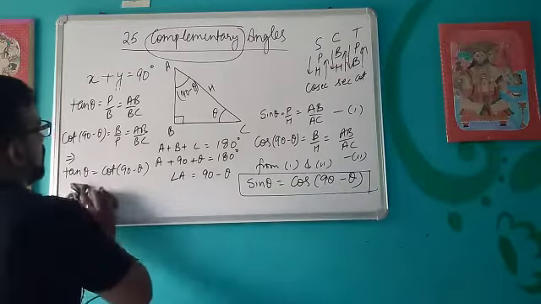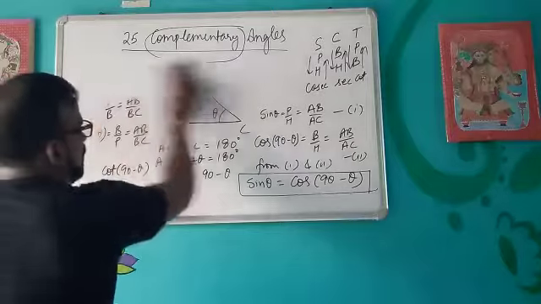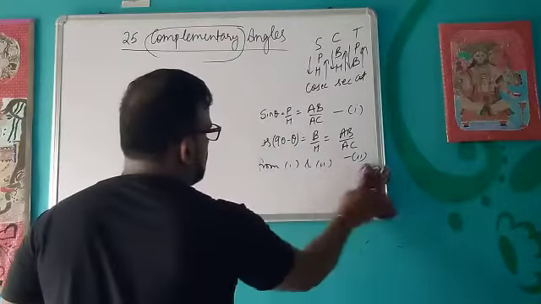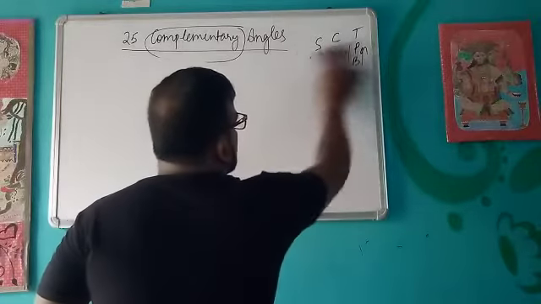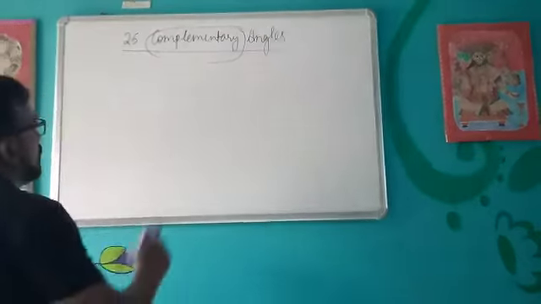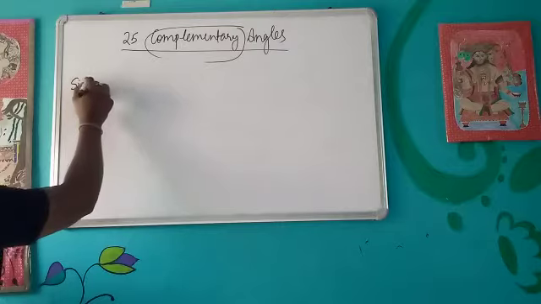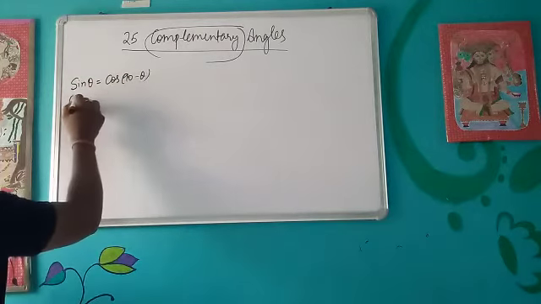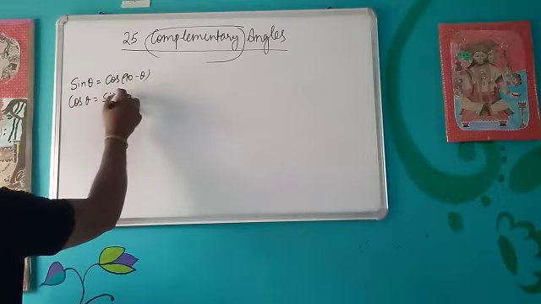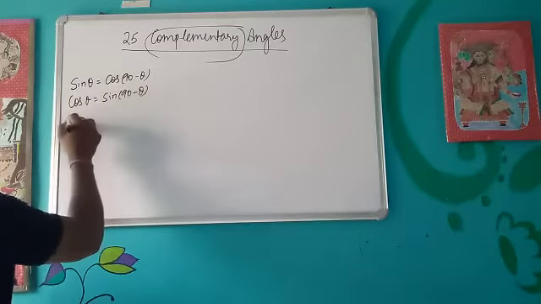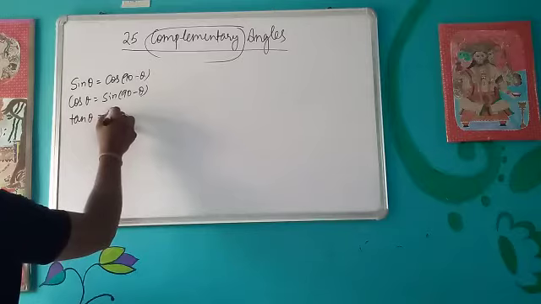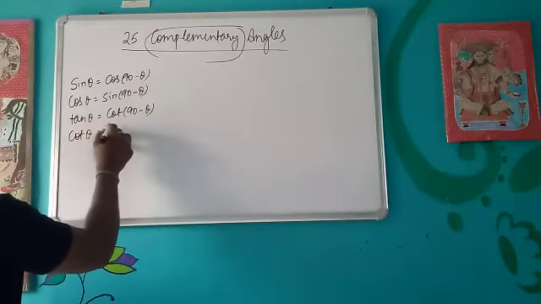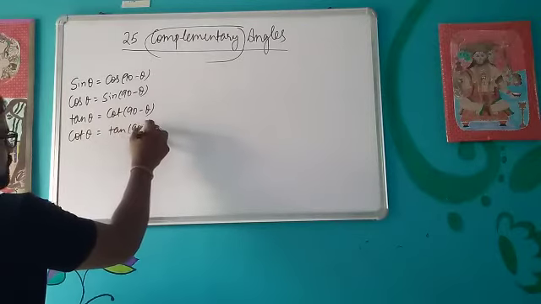Now let's summarize and write the relations that we will use in this chapter to solve the questions. Our relations are: sine of theta is equal to cos of 90 minus theta. Similarly, cos of theta is sine of 90 minus theta, tan of theta is cot of 90 minus theta, and cot theta is tan of 90 minus theta.